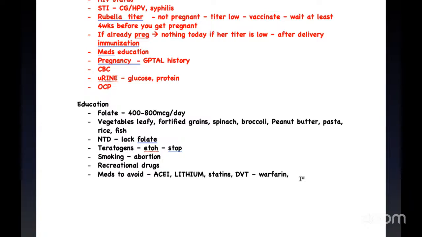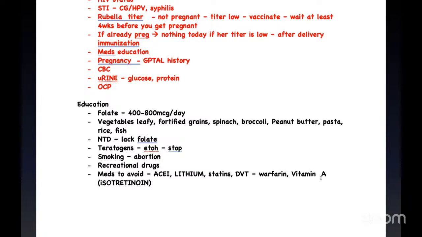They need to know it's a vitamin A derivative. The medication is isotretinoin. It's an acne medication, and they should avoid taking it.